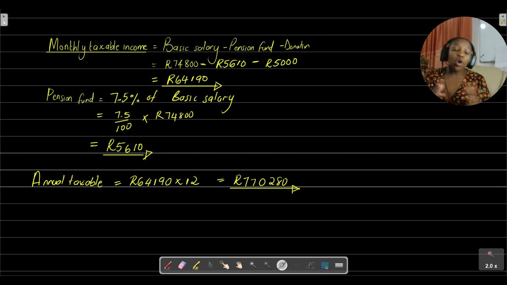So before we determine a person's annual taxable income, we first need to minus the pension, minus the donation from the monthly income, and then we'll have how much of his monthly income can be taxed. Then we multiply that by 12 to determine the annual taxable income. Then we can go to the tax table to determine how much he needs to pay, then minus the rebates, then minus the medical credits.